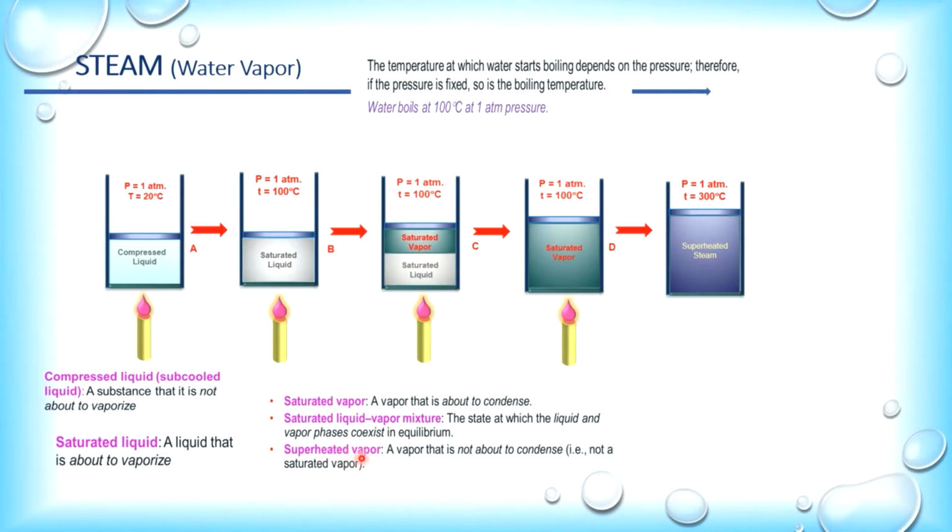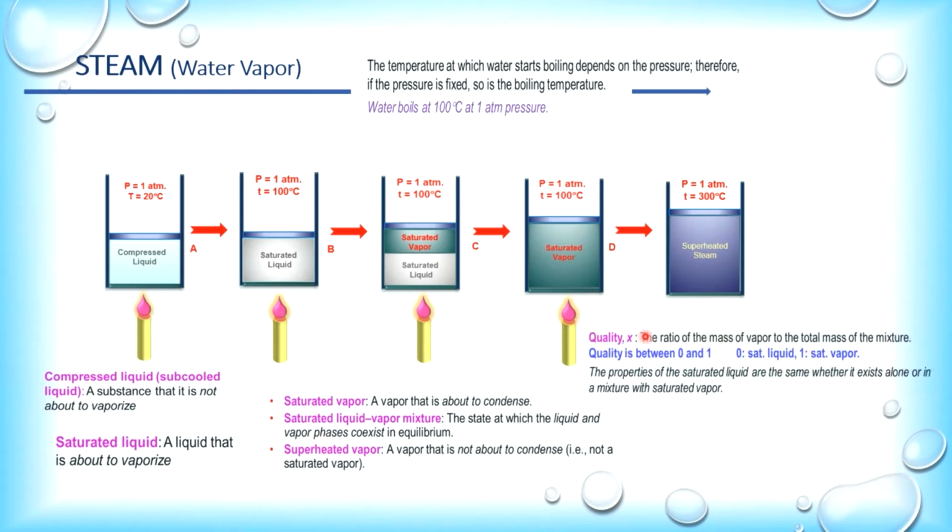That is why sometimes you call it superheated vapor or superheated steam, a vapor that is not about to condense. So you must be able to identify saturated liquid, saturated vapor, wet vapor, and superheated vapor. We will go into this in the T-S or P-V diagram at a later stage.